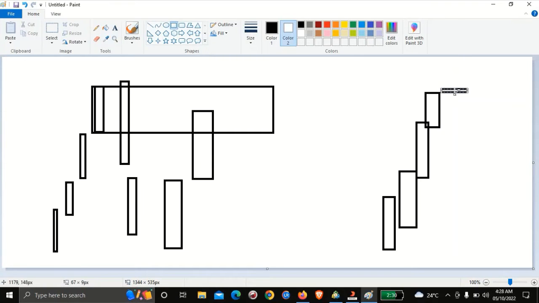Along the way we'll now have something like this. This is our order block, because there was a lot of sell entries that was placed here.